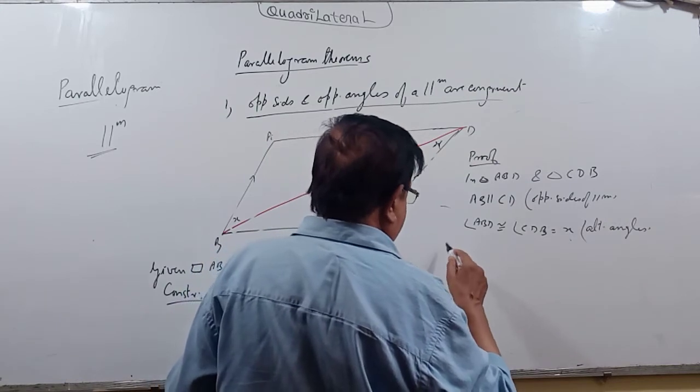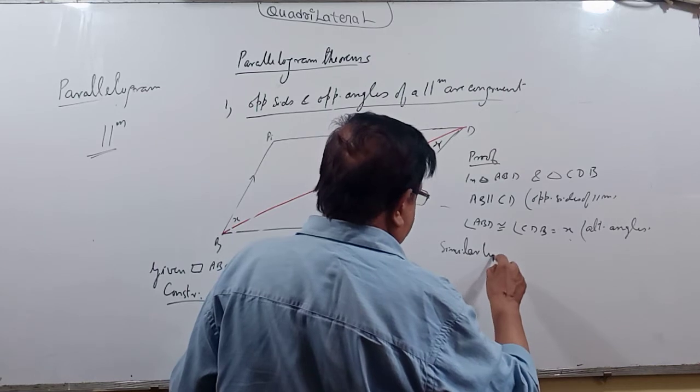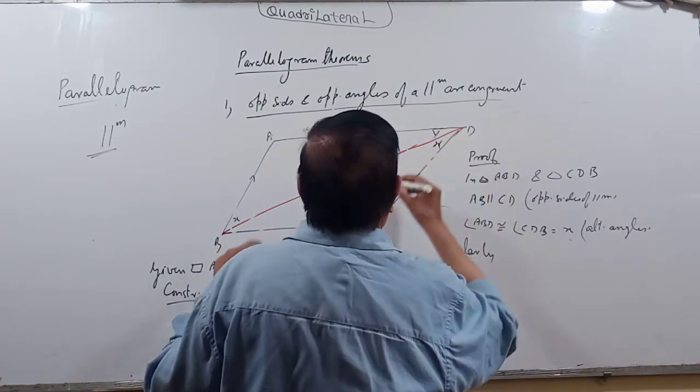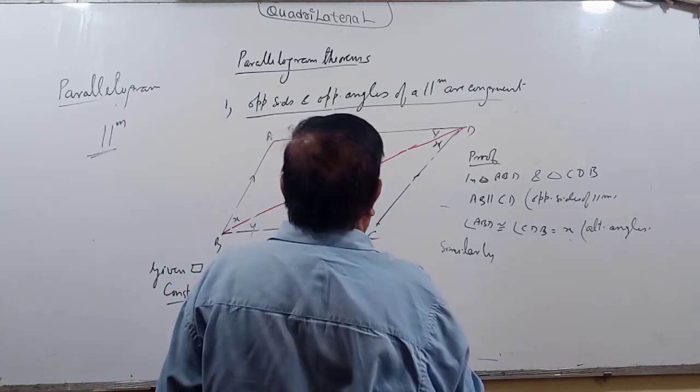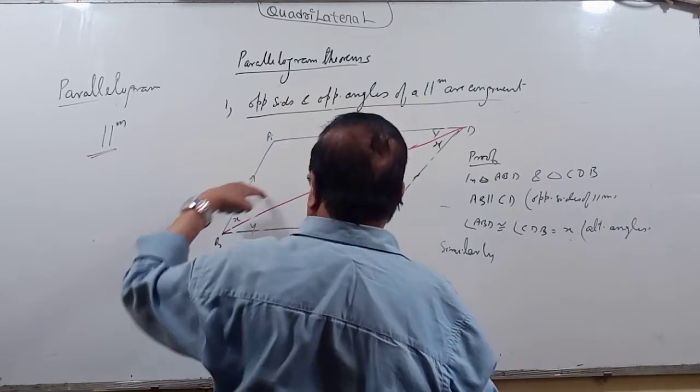Similarly, we can say this is congruent to this. What is the reason? This is of the Z shape.